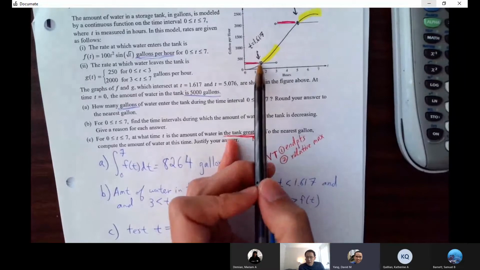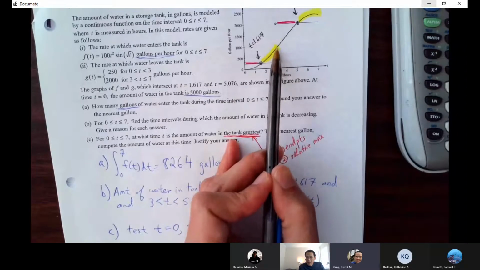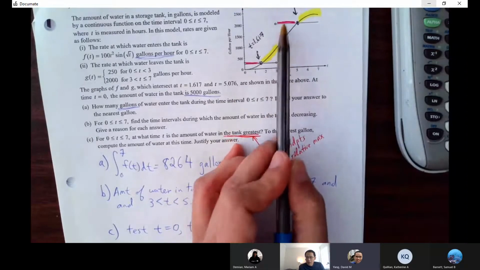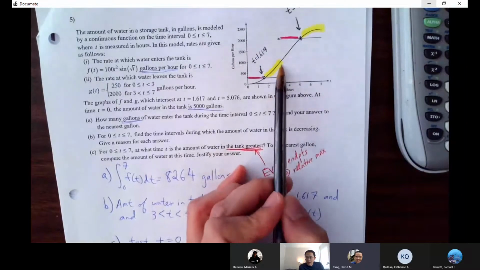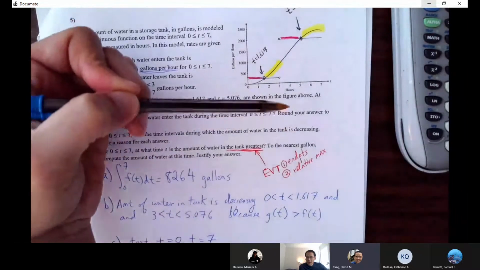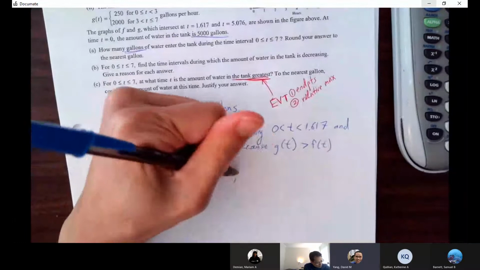All right, but the water level is going to rise. It's going to rise, but then at this point, it's going to start dropping again. So it's going to rise followed by dropping, and so we can say that yes, there's a relative max at 3 because that water level is going to hit some relative max, and then it's going to start to drop after that. So we have to test t equals 3.